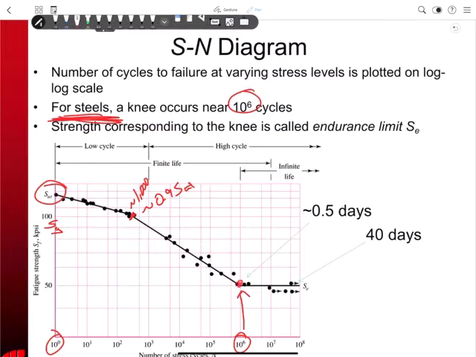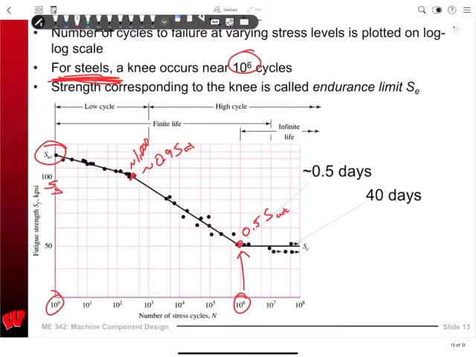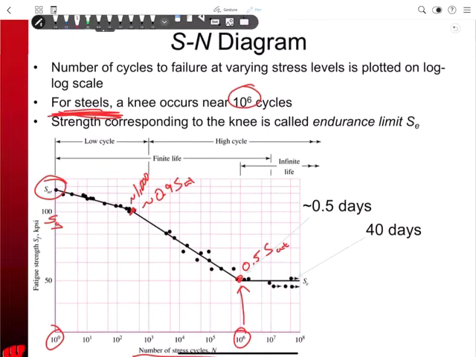So this is about 0.5 SUT, all right? Round numbers. 90% to 50% of the ultimate tensile strength, and we get a linear relationship, well, a log linear because this is on a log scale, between the number of cycles that this thing survives, right, and the stress that it can withstand, right?